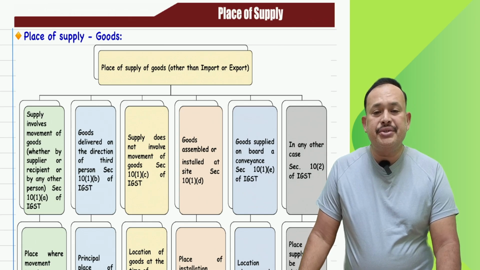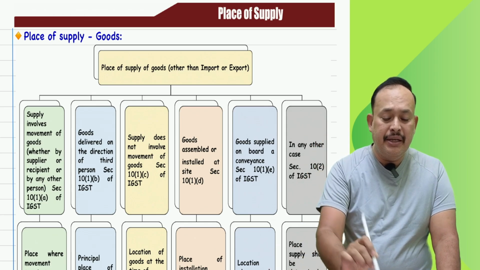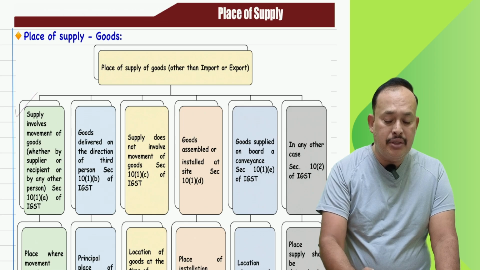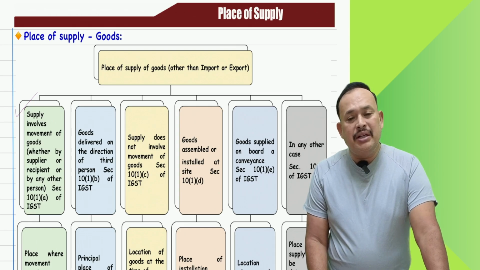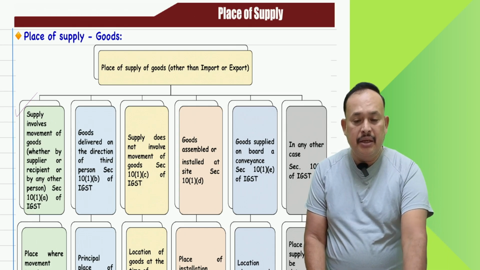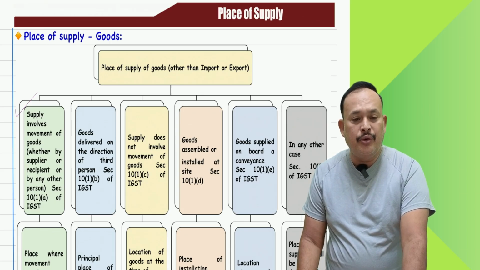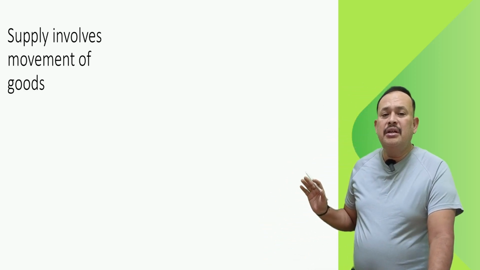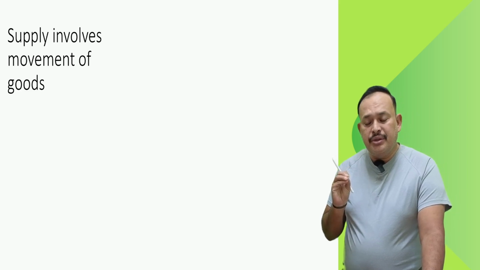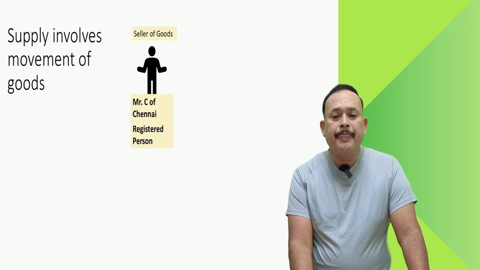In this process, the first point I am referring here: supply involves movement of the goods. What is the place of supply? Here I am bringing to notice in a simplified manner as follows. Supply involves movement of the goods. What do you mean by this? Look here.